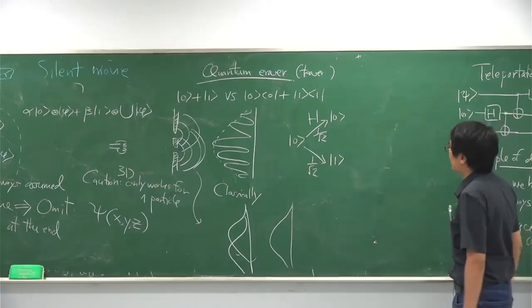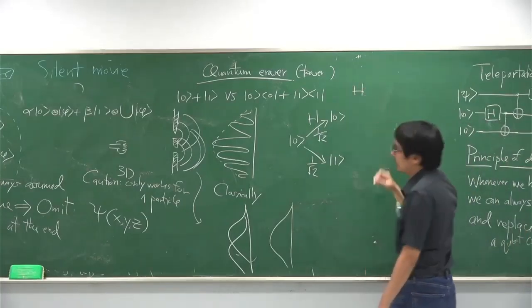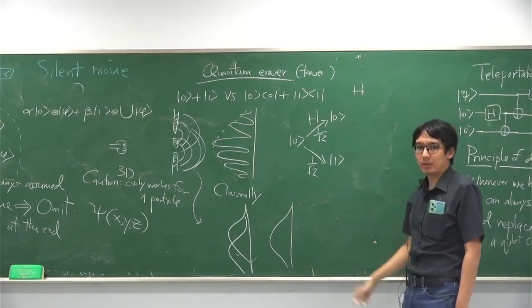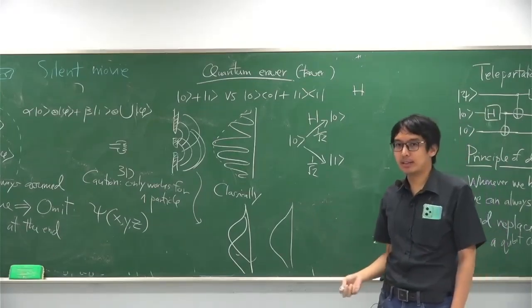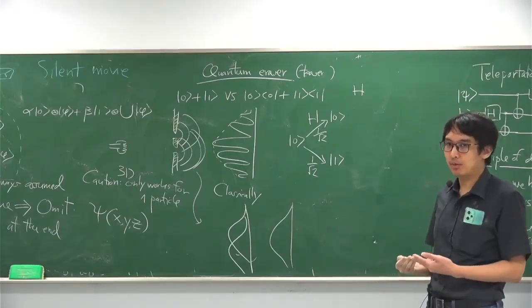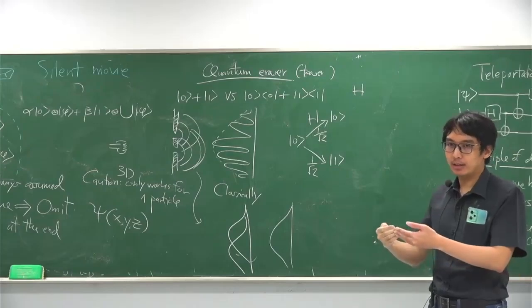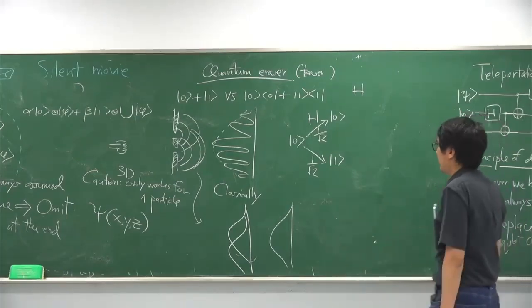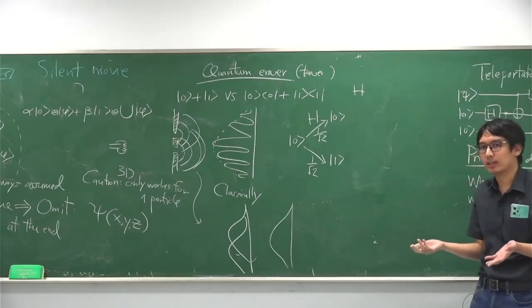But then if you apply the Hadamard gate again, for the classical case, if you randomize the state twice, especially if it's already maximally randomized, then applying it the second time is not going to do anything, right?